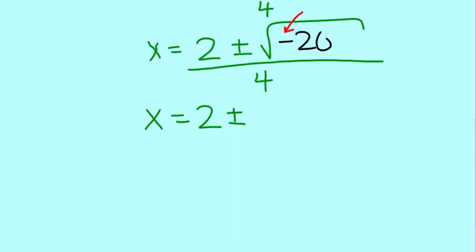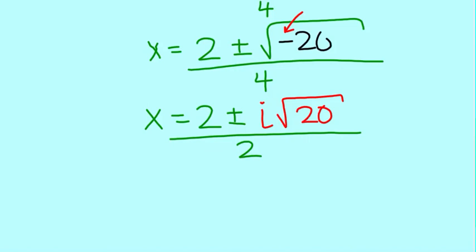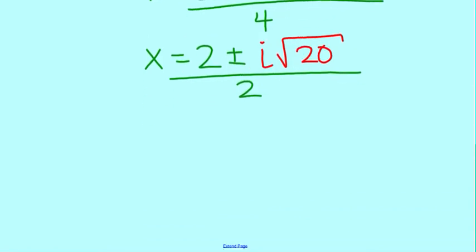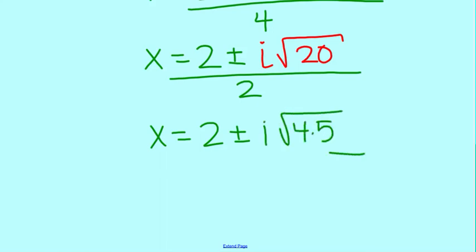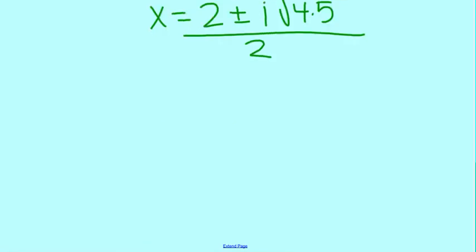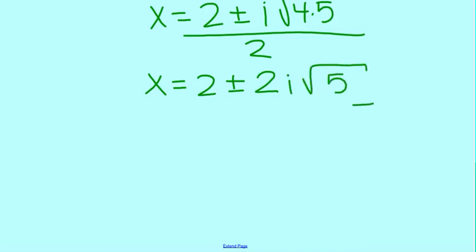Now I have a negative here. I'm going to replace that with an i out in front. Over 2. Now I can break down the square root of 20 as 4 times 5. The square root of 4 is 2i all over 2.